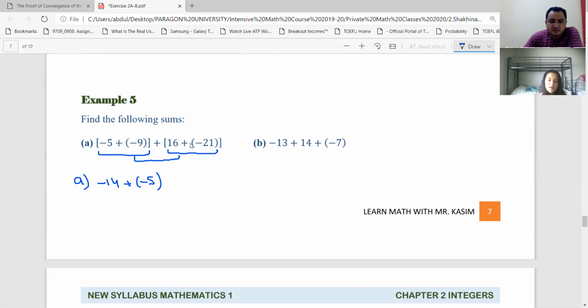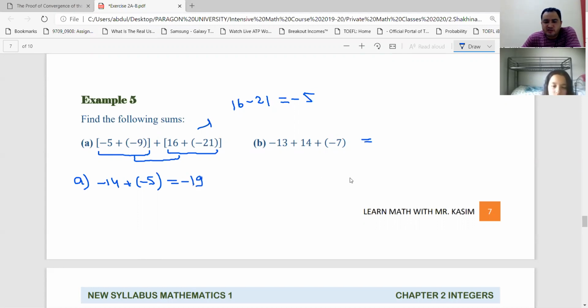If you remove the brackets, plus times minus is minus 21. You're subtracting a big number from a smaller number. So that's why it will be minus 5. Now, what is negative 14 plus negative 5? That is negative 19.